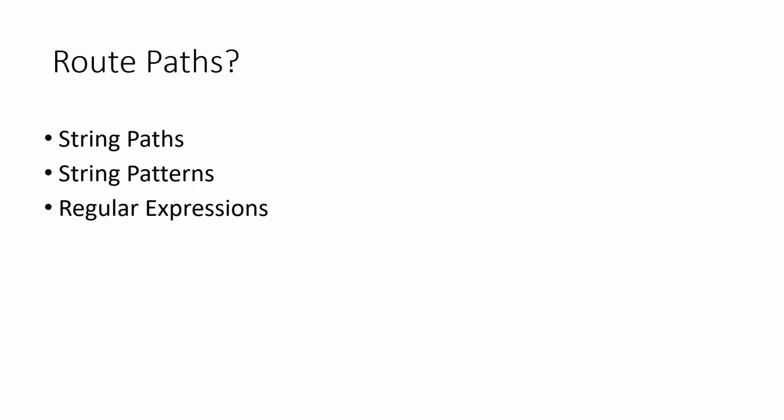And for various products, the IDs are unique. So we can have a regular expression defined in such a way that the URL, the route path, accepts product IDs of different numeric values. So we can in fact write a regular expression for that purpose.